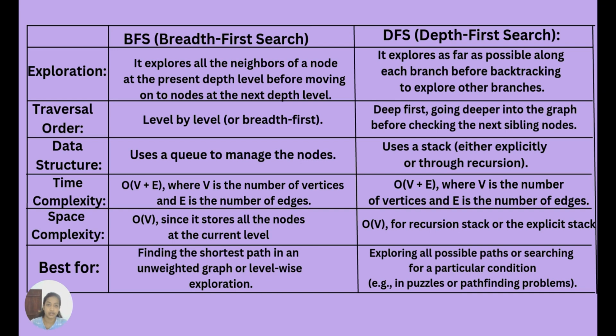Breadth first search traversal order is level by level. Depth first search traversal order is deep first, going deeper into the graph before checking the next sibling nodes.